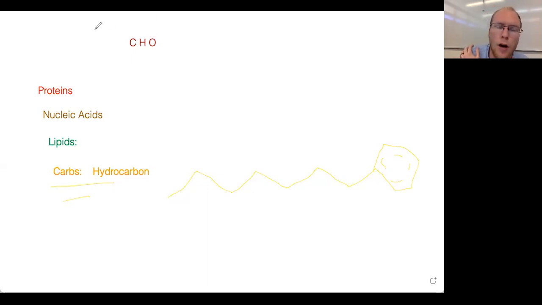Now, a little bit more complicated than that are our lipids. Our lipids also have carbons, but specifically, I'm just going to talk about the most important lipids you need to know for this class. Specifically, we have phospholipid bilayers, which involve our long hydrocarbon chains, but also involve phosphorus-based heads.